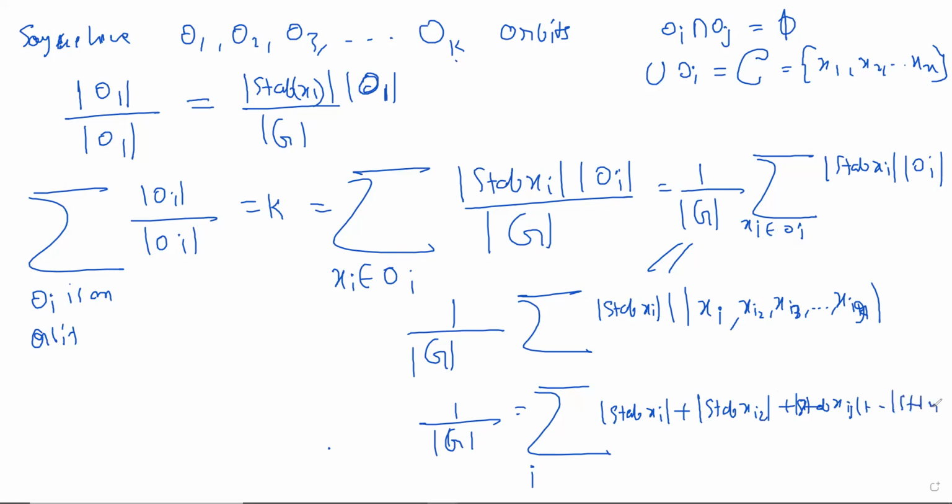This is a summation of summations, remember. So stabilizer of xir. This was just in one orbit, I opened it up. I can do this for every orbit. Basically, in the end, I am doing this for every element of the configuration set.